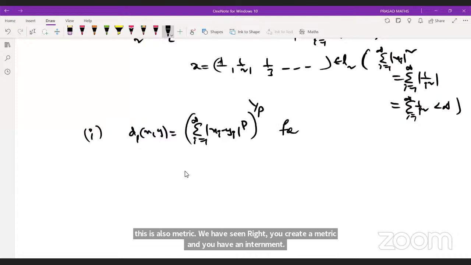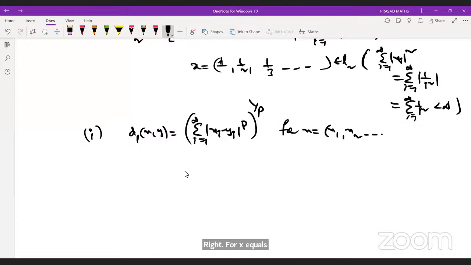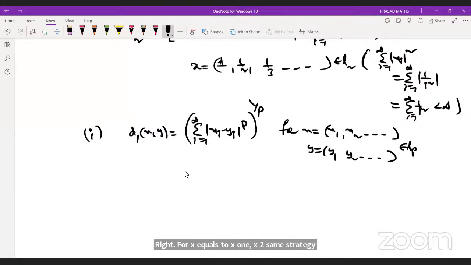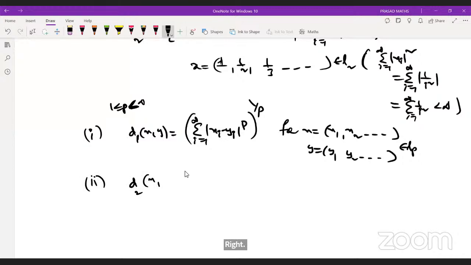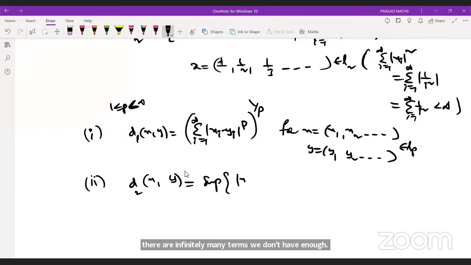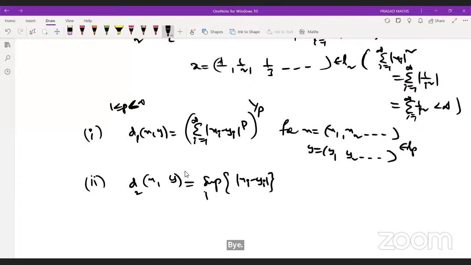For x equals x1, x2, same strategy, on LP where 1 ≤ p < infinity, this is a metric on LP. d infinity of x comma y is equals to the maximum, not maximum, supremum, because there are infinitely many terms, we don't have a maximum. Supremum of mod of xi minus yi, where i belongs to the natural numbers, is also a metric.